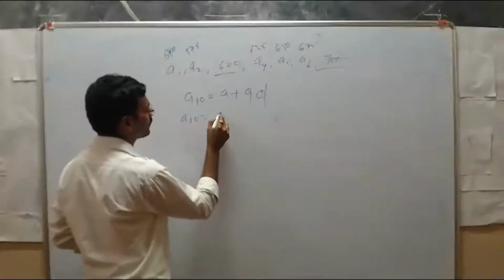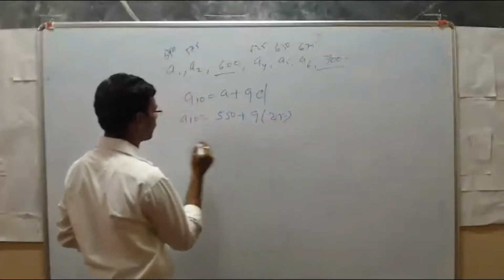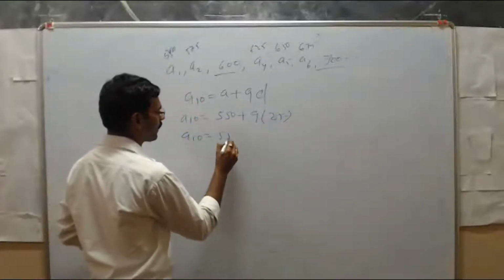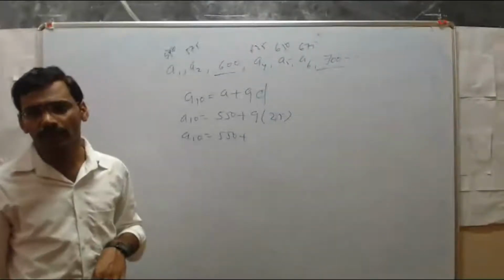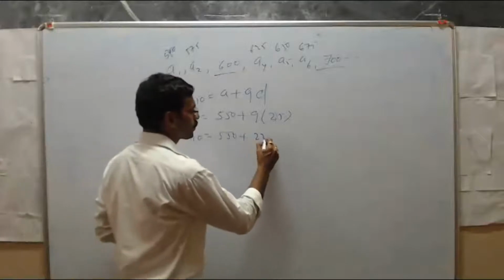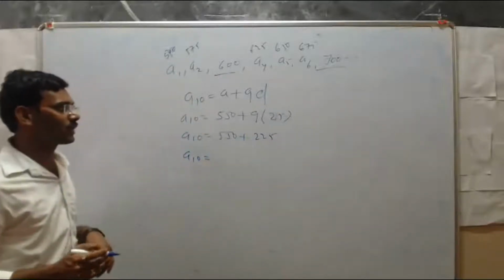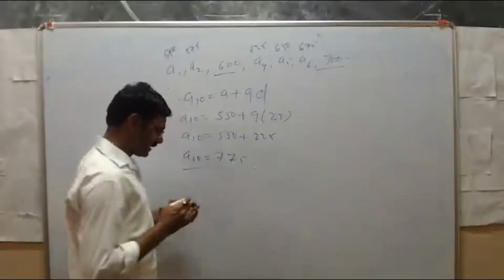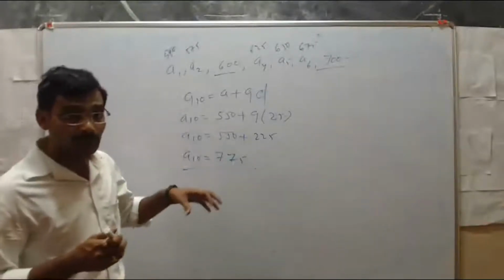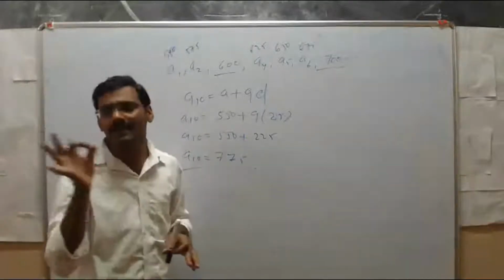A10 is equal to the A value 550 plus 9 into the D value 25. A10 is equal to 550 plus 25 into 9. 25 times 10 is 250. 250 minus 25 is how much? 225. Therefore, A10 is equal to 550 plus 225, which is how much? 775. In the 10th year, the company manufactured how many TVs?